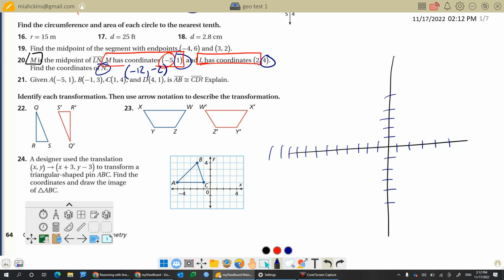So we have this 2, comma 4. So 1, 2, 1, 2, 3, 4. So we're here for L. And then we have our midpoint at negative 5, 1. So 1, 2, 3, 4, 5, 1. And so then we're going to be somewhere along this line right here.